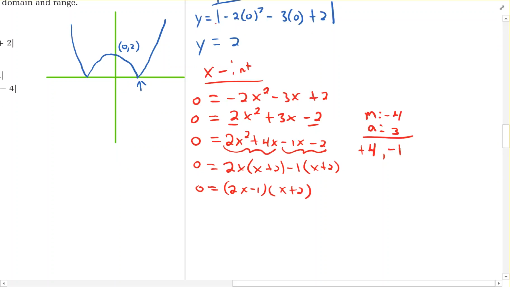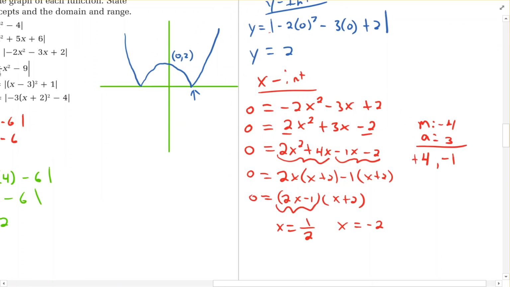So our x-intercepts here are going to be, well, this one, if you made that equal to 0, x would be equal to 1/2. This one, x would be equal to negative 2. So over here, this is going to be (-2, 0). And right here, that's going to be (1/2, 0).